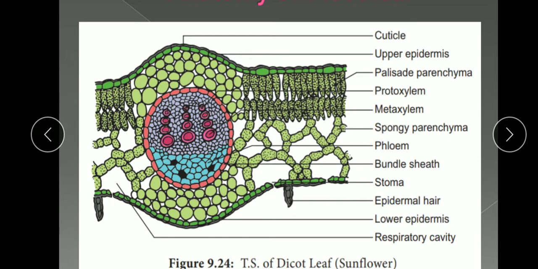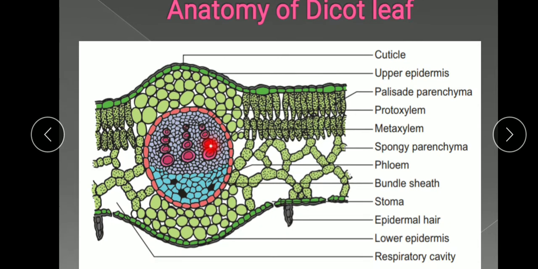Now veins. Veins represent the vascular bundle, and here each vein has xylem and phloem, as I explained to you in the monocot leaf also. There the size of the veins is almost similar, but in dicot the midvein is larger than the lateral veins. So each vein has xylem and phloem. You will see here that this is phloem tissue and this is the xylem.